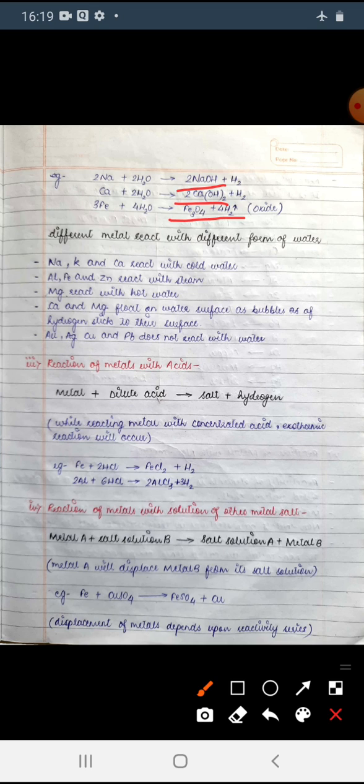The more reactive metal will form hydroxide directly, and the less reactive metal will first form an oxide, and with further reaction of that oxide with water, it will form hydroxide.